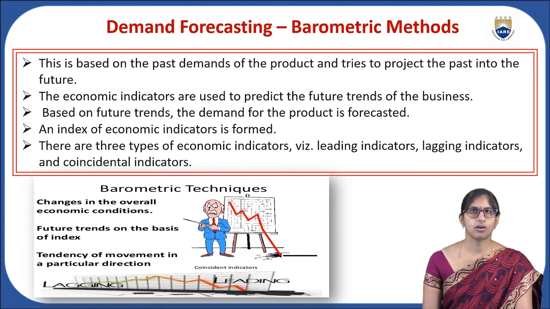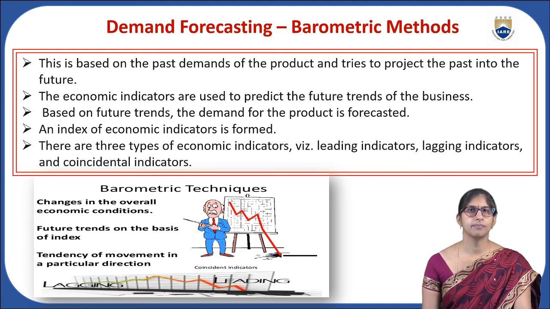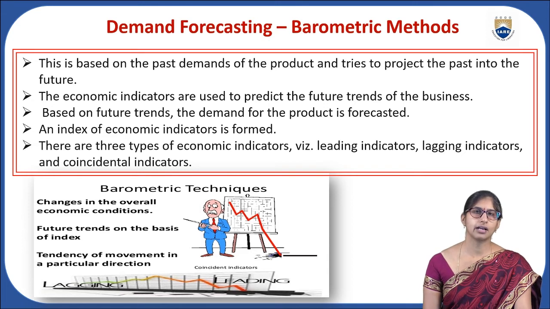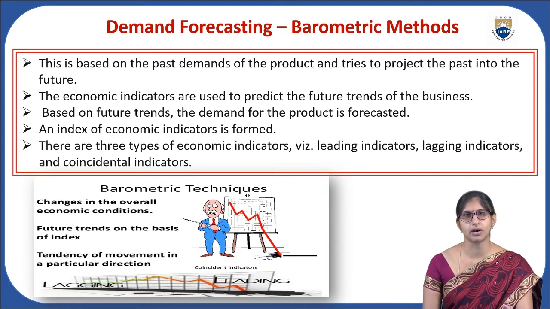These economic indicators, like what is the leading indicator, what is the lagging indicator, one is going to estimate that, and based on that one is going to estimate the demand using this barometric technique. For example, how we can take these leading or lagging indicators. So based on economic indicators I told, right? Here, based on one technique we are going to estimate other product demand also.